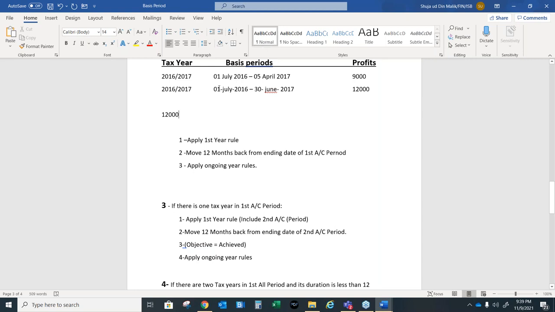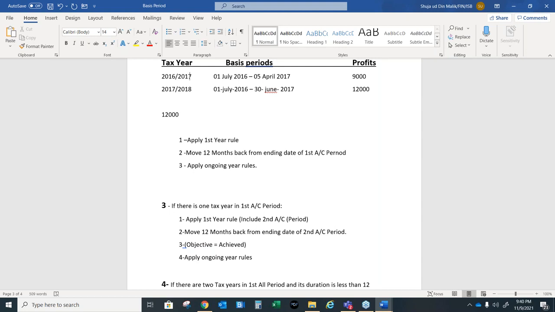Okay, but when you applied the basis period, what you did in tax year 2016, you moved from 1st July 16 to 5th April 2017. The objective was not met, yet you had to move on to the other rule. When you applied this other rule, you reached 1st July 2016.